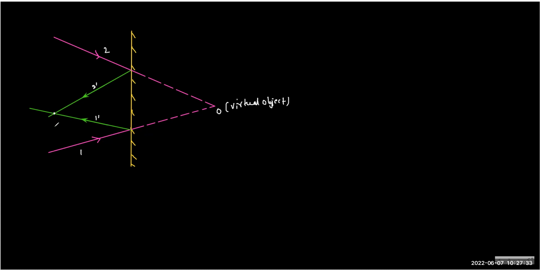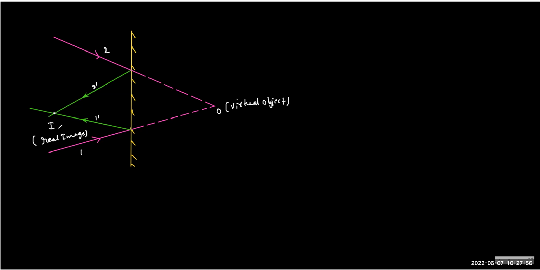So because they are actually meeting after reflection, this must be the image. And which image? So now this is against what you studied in class 10th, that plane mirror forms virtual image. But that is because the object was real.